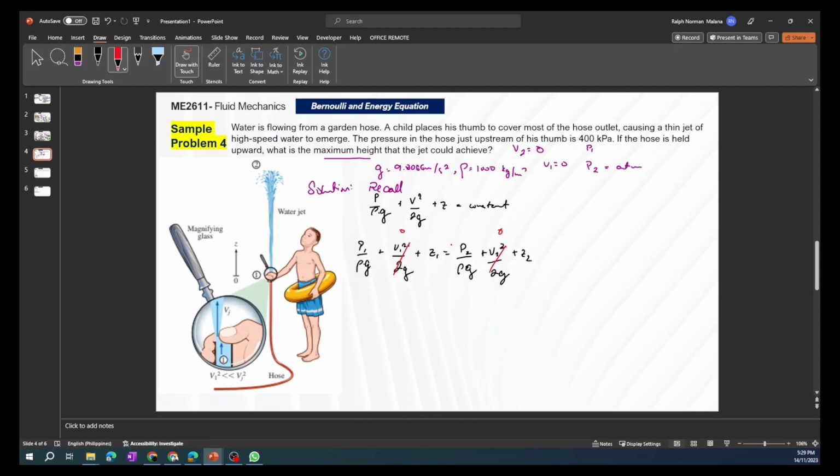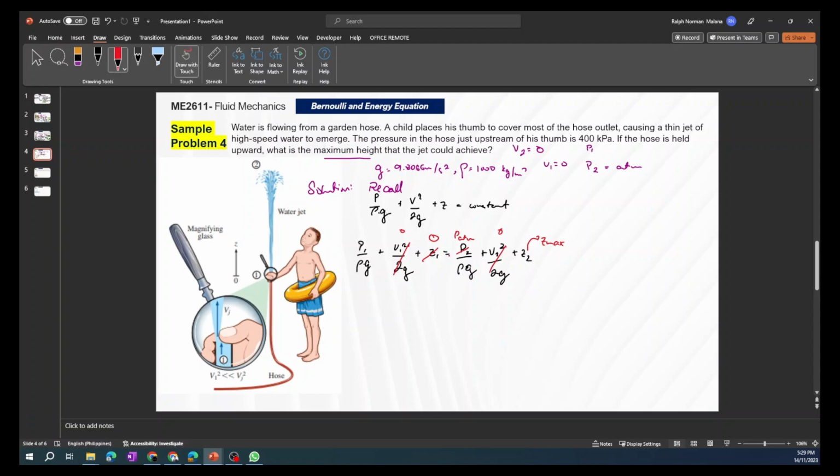We also know Z1 is 0 since that will be our reference point, leaving Z2, our unknown, which is the maximum height. Let's label this as Z max. We have pressure 1 at 400 kilopascal, and pressure 2, let's change this to P atmospheric.